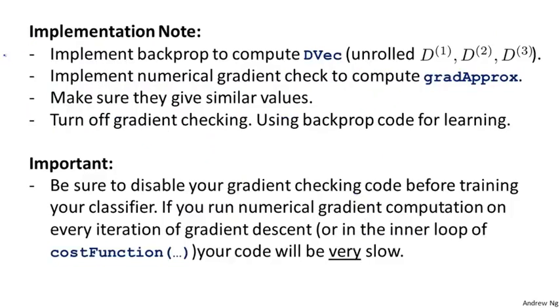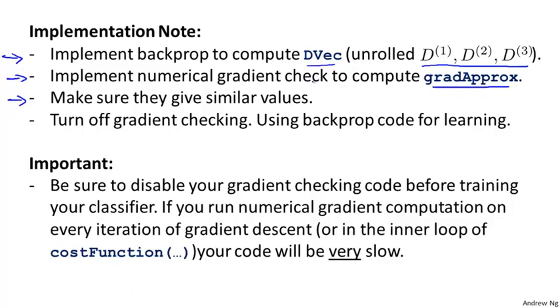Here's what I usually do. First, I implement backpropagation to compute DVec. This is the procedure we talked about in the earlier video, to compute DVec, which may be our unrolled version of these matrices. Then I implement numerical gradient checking to compute gradApprox. This is what I described earlier in this video on the previous slide.